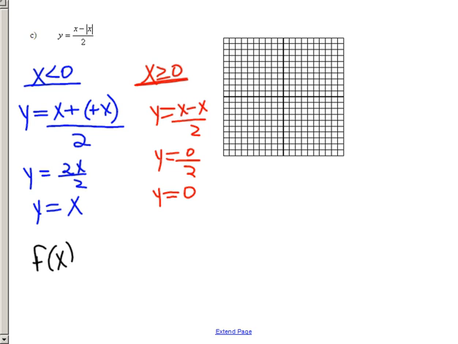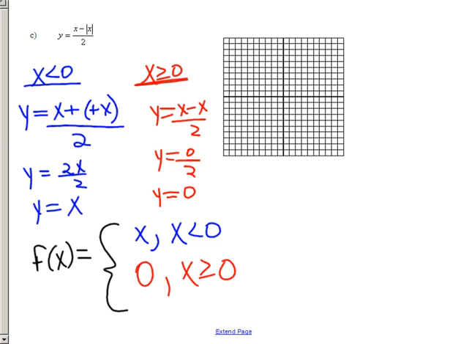I just like using functional notation whenever I write a piecewise function. F of x equals x when x is less than 0, and it equals 0 when x is greater than or equal to 0.